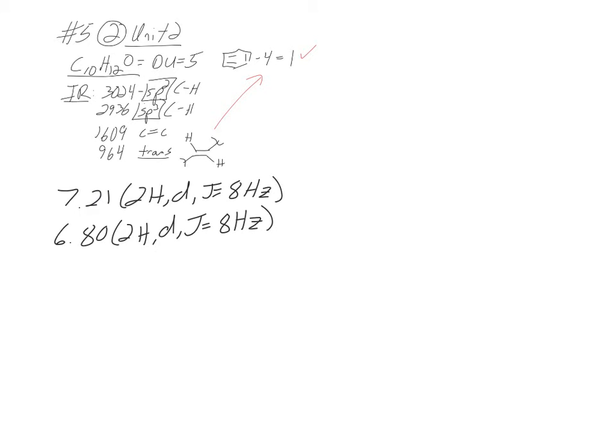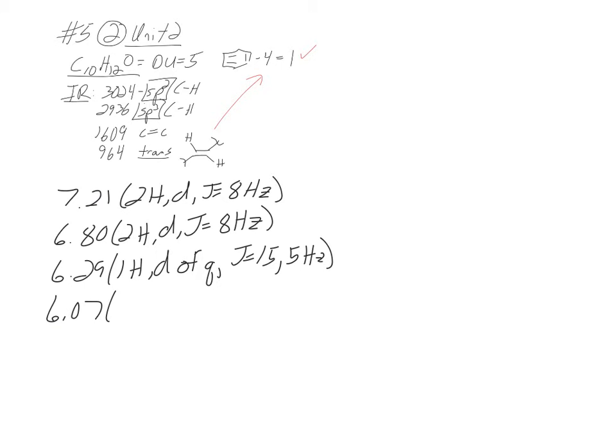We have another peak at 6.29 worth 1 H. That is a D of Q, a doublet of quartets. And that J value is equal to 15 and 5, so it means it's coupled to 2 different things.